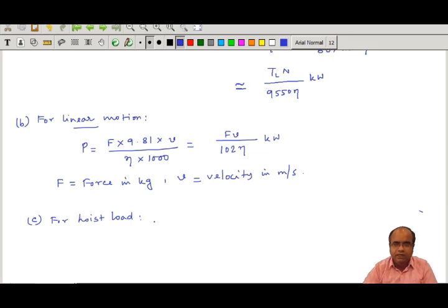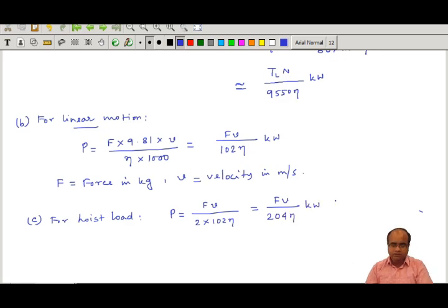Okay, that's why this power equation becomes half. That is P becomes F V divided by 2 into 102 eta, that is kilowatt. Okay.